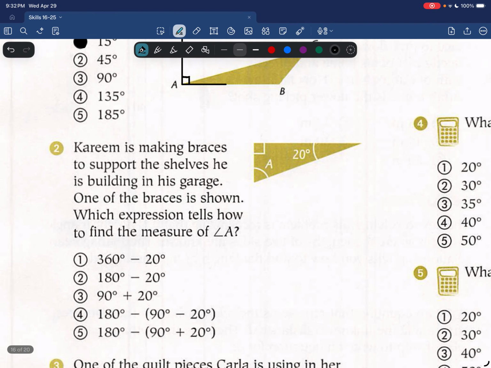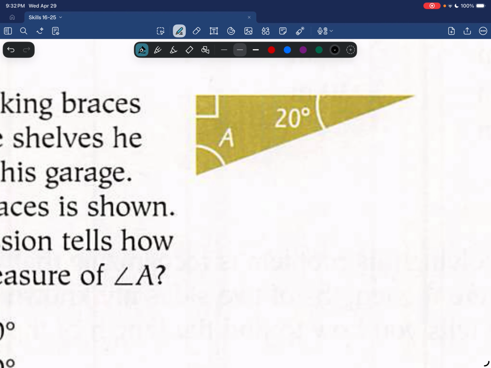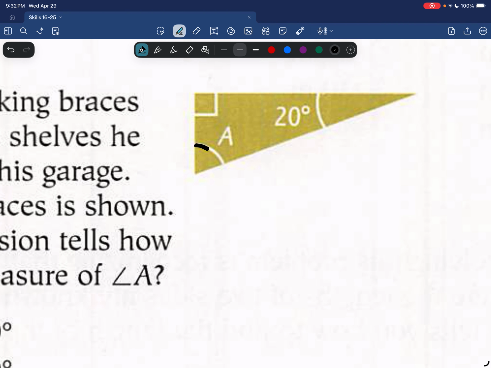Number 2, Kareem is making braces to support the shelves he is building in his garage. One of the braces is shown. Which expression tells how to find the measure of angle A? So we are looking for this angle.